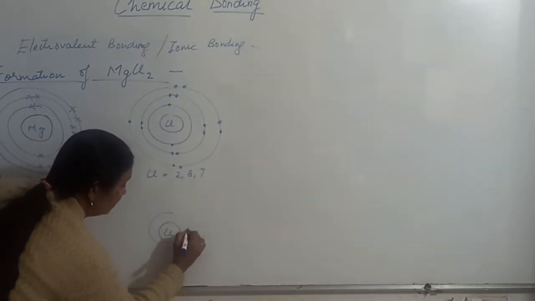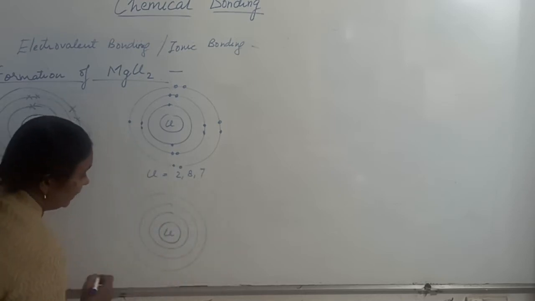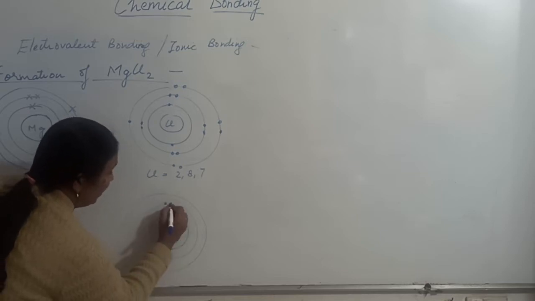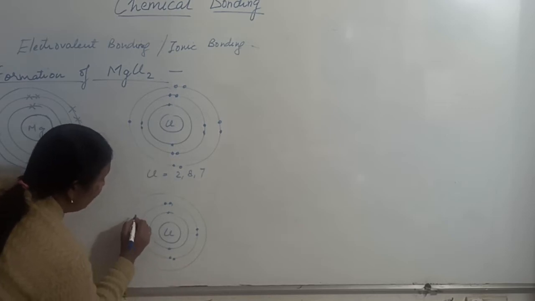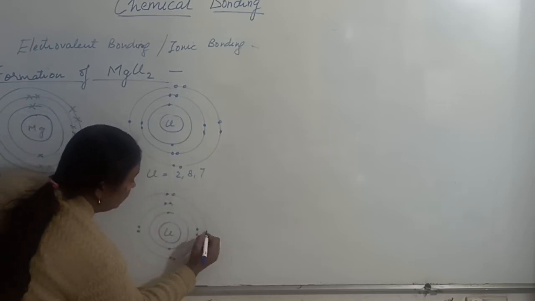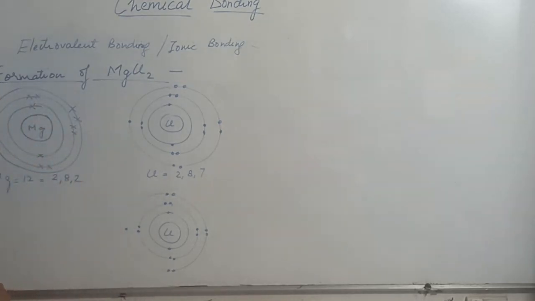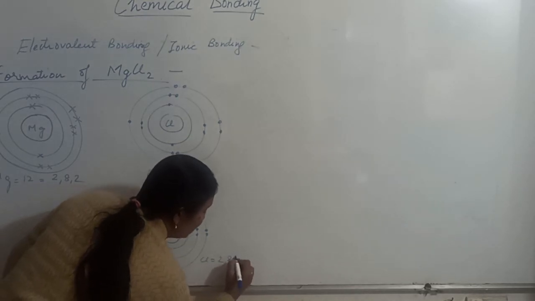Cl, first shell 2 electrons, second 1, 2, 3, 4, 5, 6, 7, 8, third shell 1, 2, 3, 4, 5, 6 and 7 electrons. So these are the 2 chlorine atoms with electronic configuration 2, 8, 7.